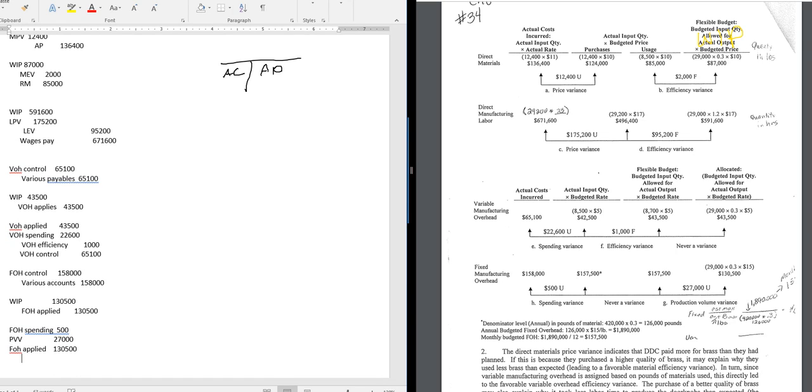And I close out my control. Okay, so now I'm going to add these up to see if my debits equal my credits. And 500 plus 27,000 I could add. Equals 158,000, so I'm good and I'm done.